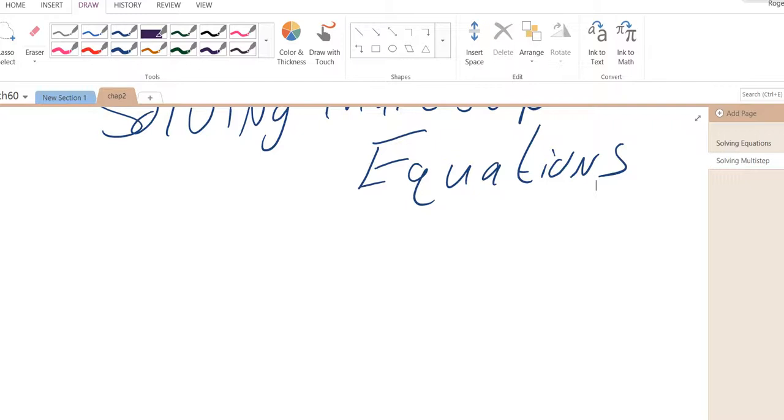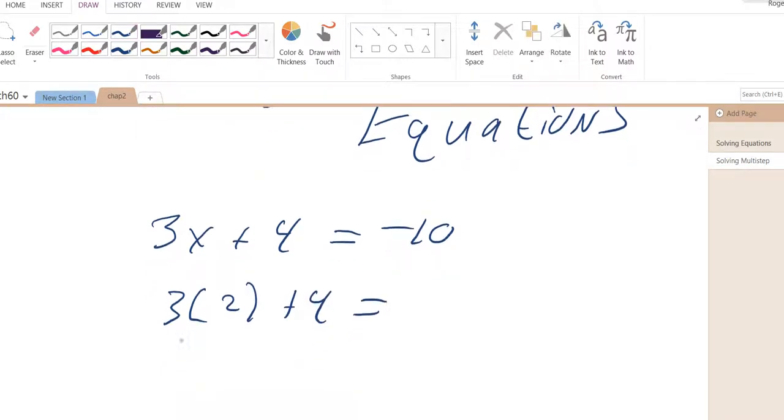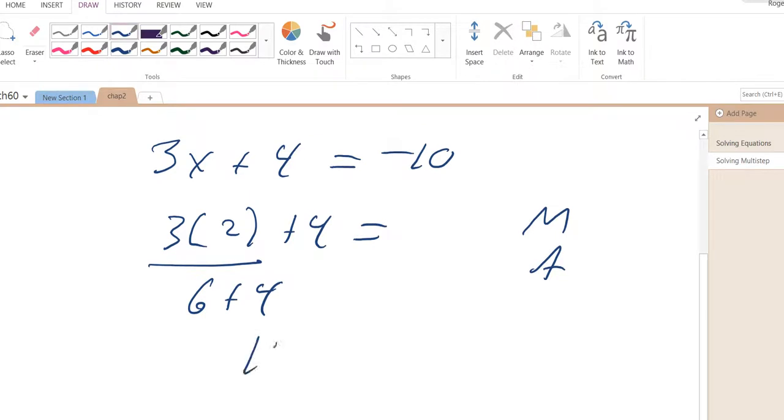So if you have, let's just start out with a multi-step equation. It looks like this. In this case, if we knew what x was, say we knew x was 2, then what we would do is the multiplication here first, and then the addition second, and that would give us an answer of 10.